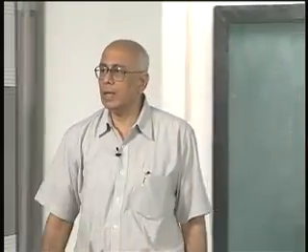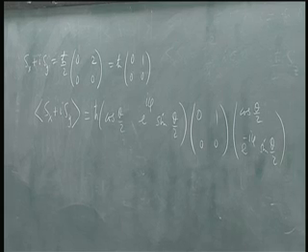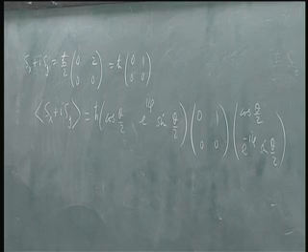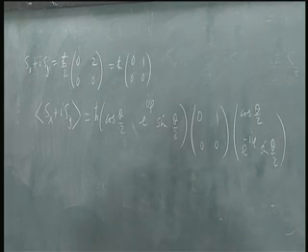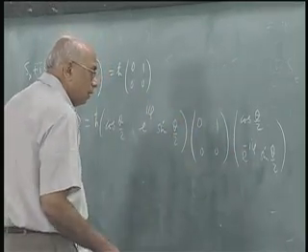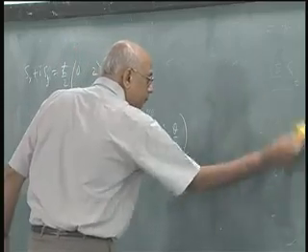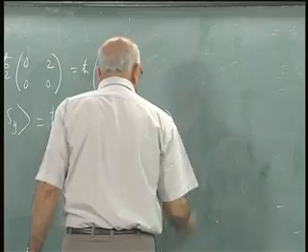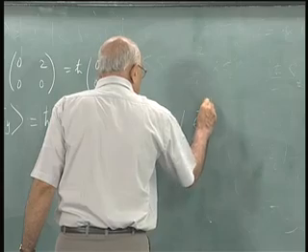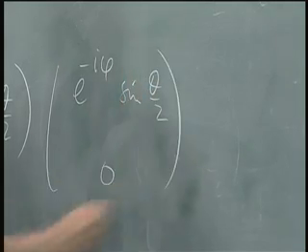So you just have to carry out this trivial multiplication. So what do you get? Multiplying this, you get 0 here, and you get e to the minus i phi sin theta over 2, and a 0.